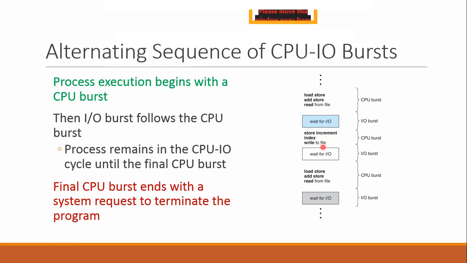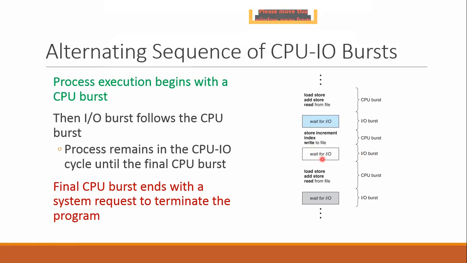And this file may be on some secondary storage device like hard disk. So again, the process has to wait until the system finishes writing this file. So process enters the IO burst cycle and it will be waiting for the completion of the IO operation. And what is the IO operation? Write to the file. And again, CPU will remain idle during this IO burst.